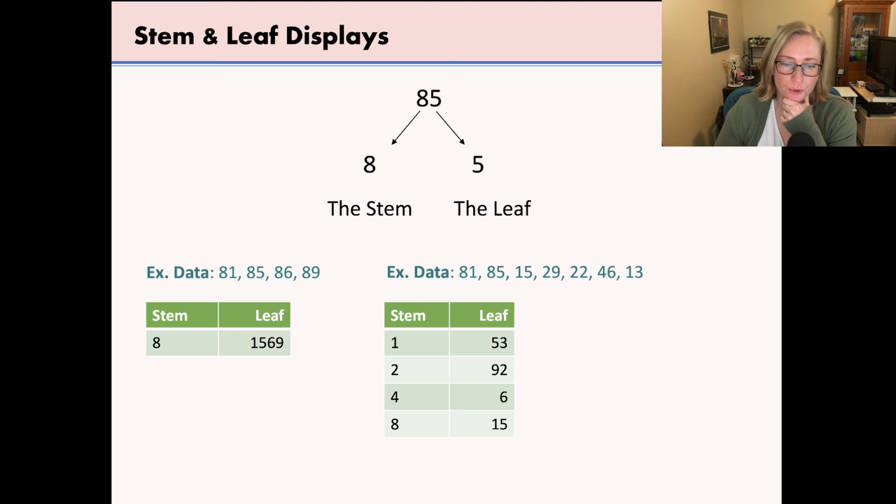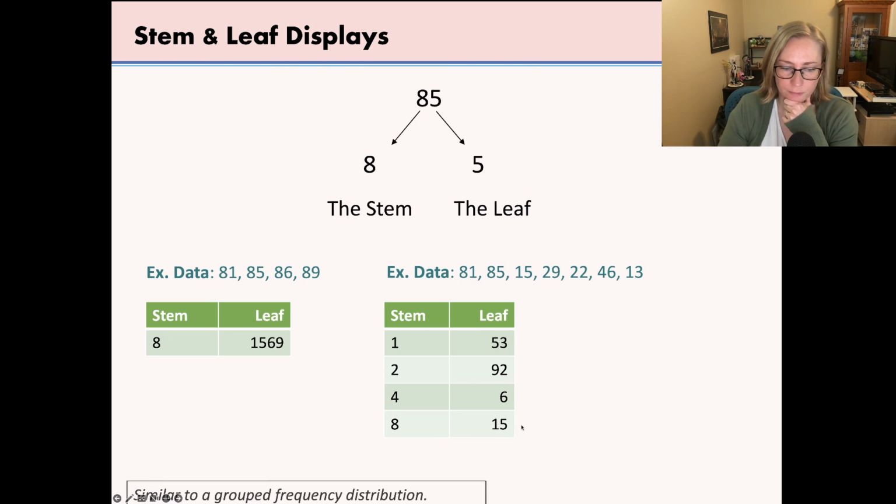And these are also sorted usually. So we're going to have 2 different teens, so 15 and 13. I guess I didn't sort it here. Look at me. 15, 13. We're going to have 2 20s, so 29 and 22. A 40 value, so 46, and 2 80 values, 81, 85.